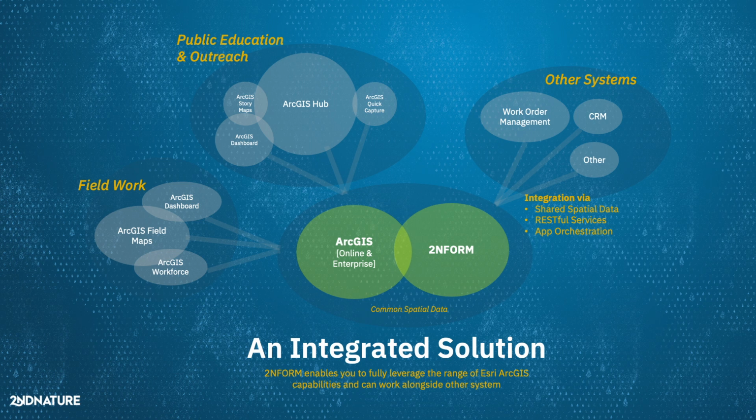If you're a larger community, you probably have other systems already in place, including asset management, CRM systems, and so on. 2NFORM enables you to integrate those systems with 2NFORM and ArcGIS, either by sharing a common spatial data repository stored in ArcGIS, the location of all of your assets and their details.